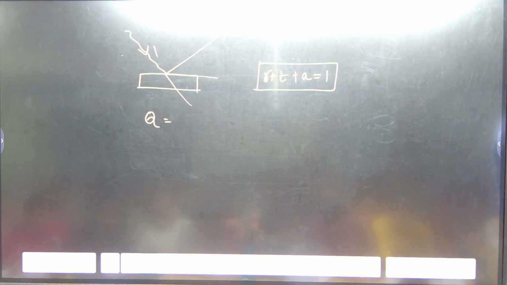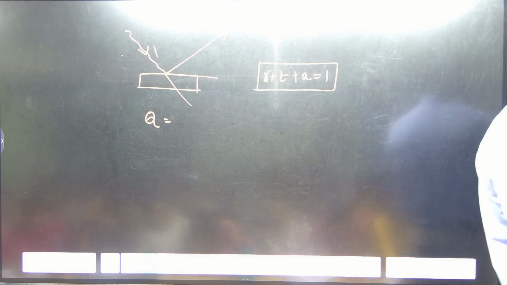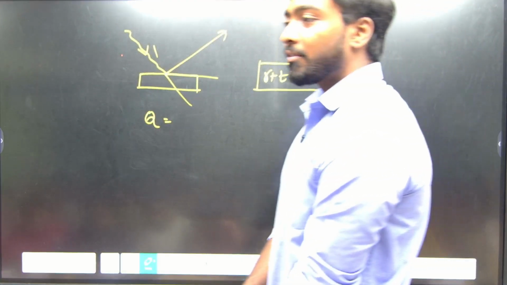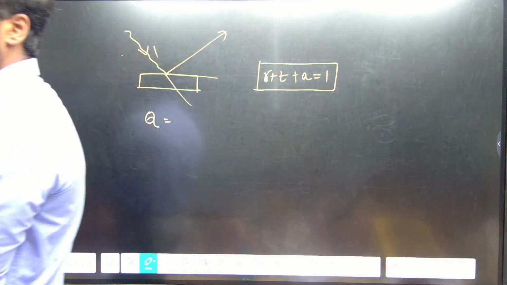Third point: if an object is a perfect reflector, R is equal to 1, then A and T will be equal to 0.